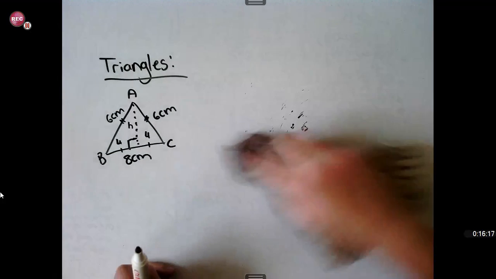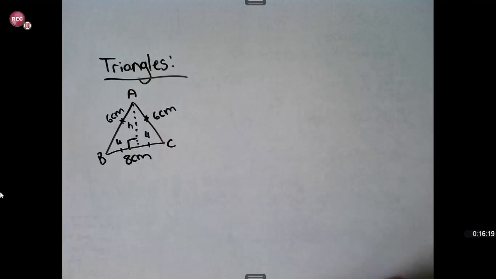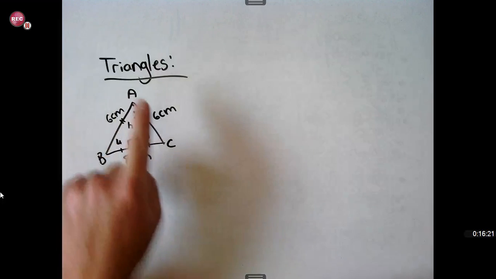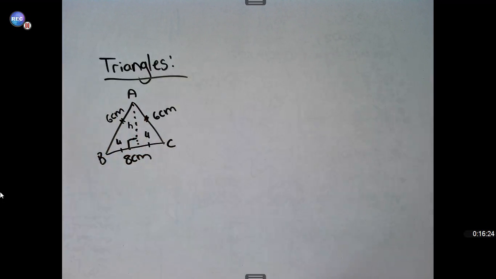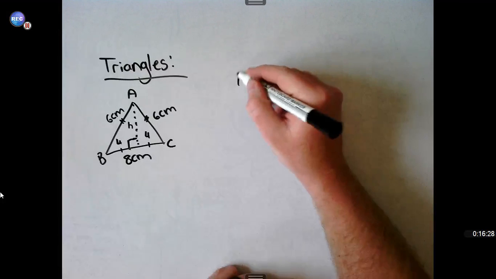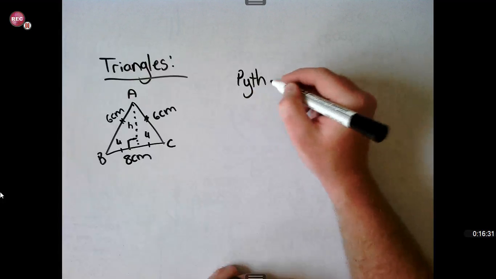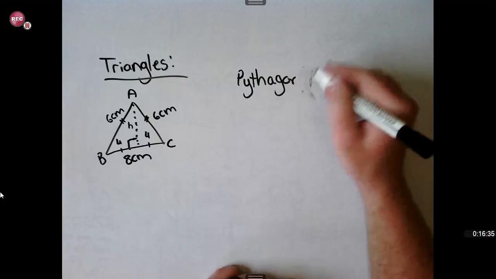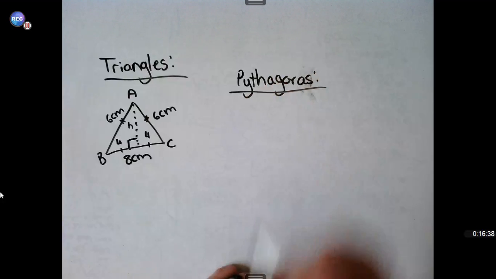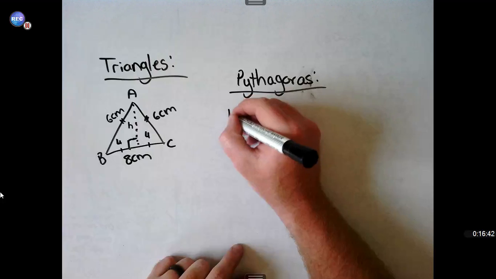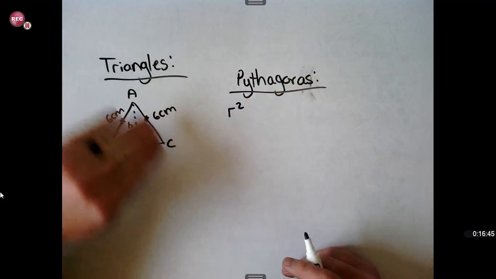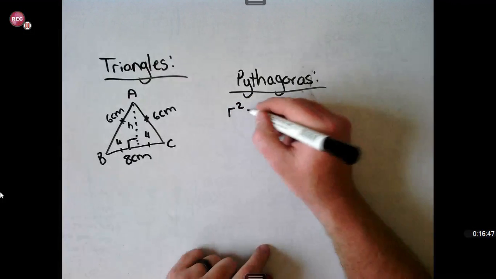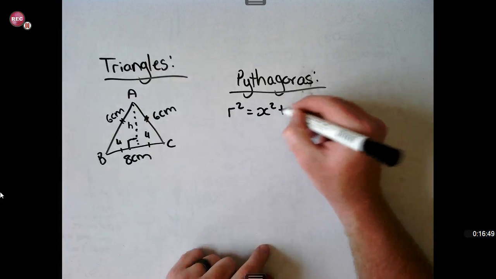Now for the area of the triangle, in order to calculate the area, I need to calculate the height. And for that, I need to use Pythagoras. So, your standard formula for Pythagoras. So I'm going to write here Pythagoras. So the standard formula for Pythagoras is r squared, which is your hypotenuse of your right angle triangle, is equal to x squared plus y squared.